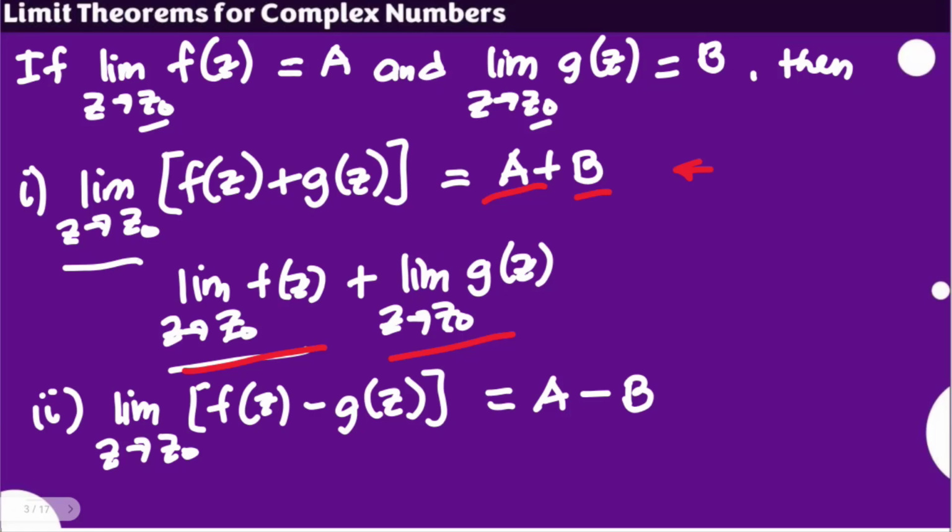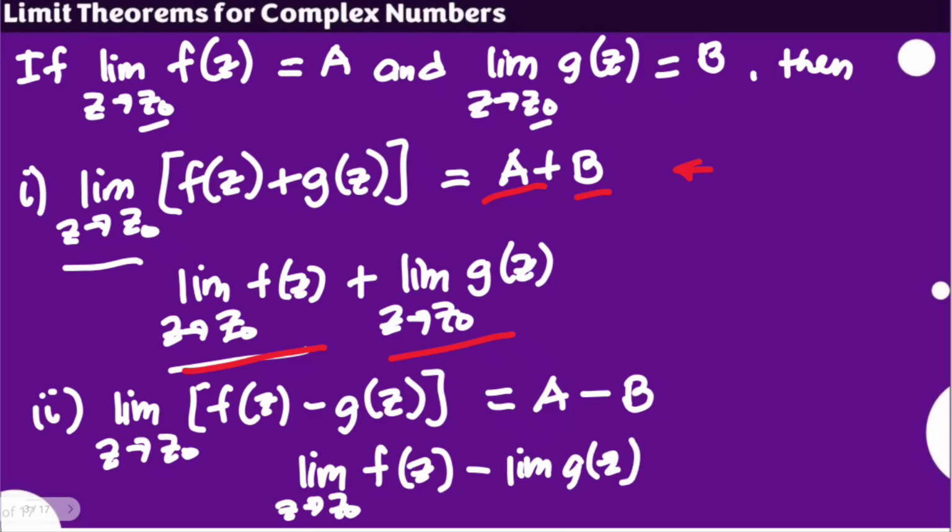Of course, again, the proof of that is by distributing the limit notation. So you have the limit of f of z as z approaches z sub 0 minus the limit of g of z as z approaches z sub 0. This is actually a and this is actually b, hence this is again true or will hold.